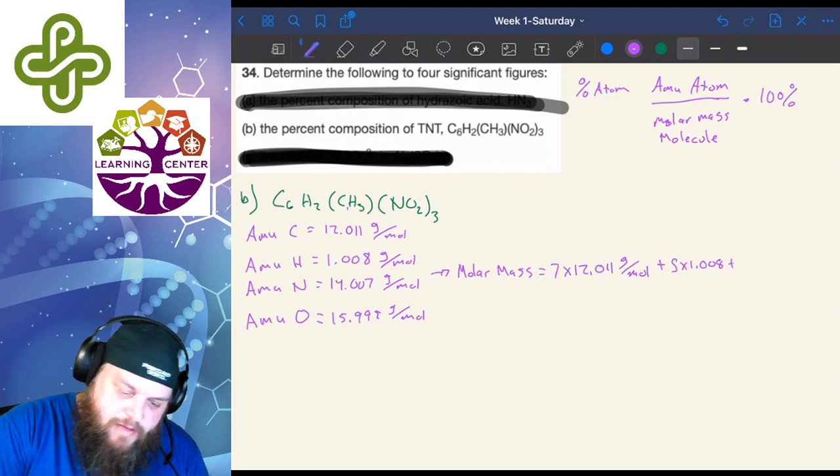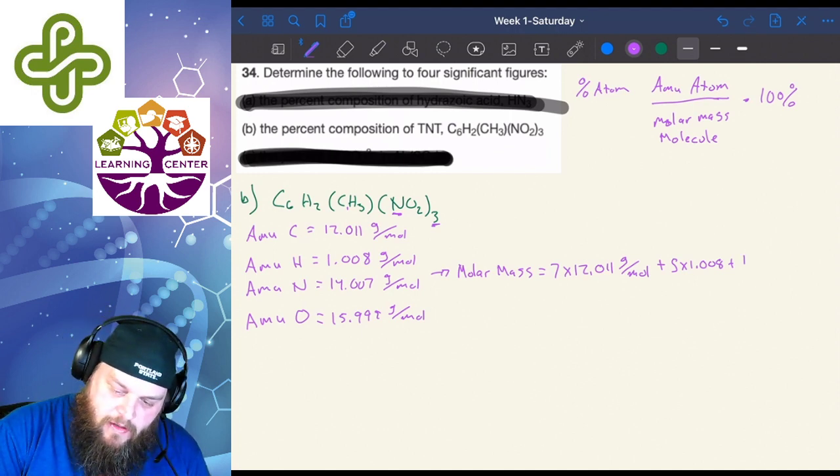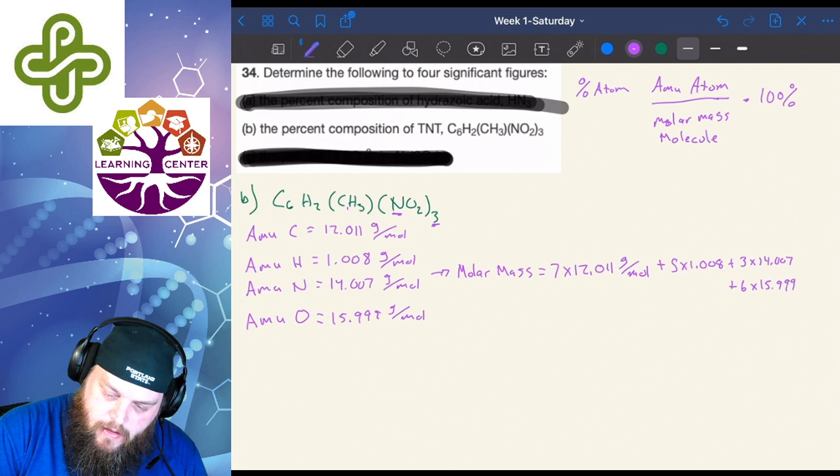We have 3 nitrogens. We have this nitrate group times 3. So that's 3 times 14.007. And we're going to add to that the oxygens. There are 6 oxygens times 15.999. These are all in grams per mole.